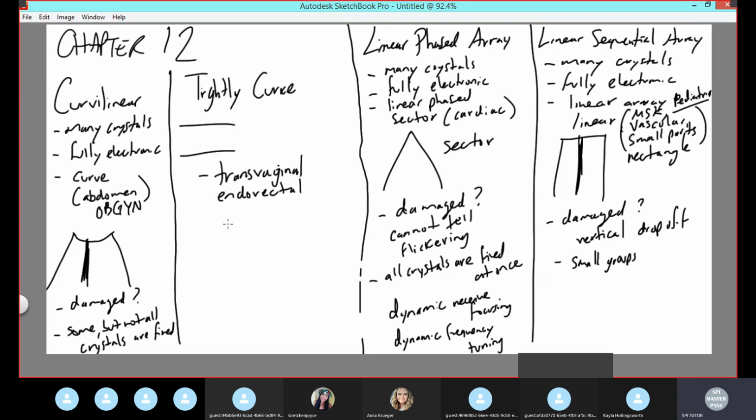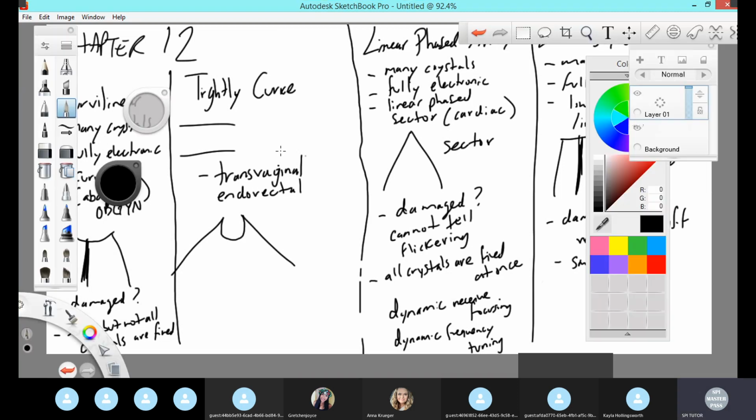It's kind of like the curve, but that curve is a lot more steep. So like this, and then it just fans out. All right, and that's all I know about it. I don't know what happens if a crystal is damaged, and the book doesn't even cover the tightly curve. But it's good for you to know that, because they can ask what transducer creates this image. And if you look for that really steep curve, that is your tightly curve. Or what transducer can you use for transvaginals? Your tightly curve. All right.